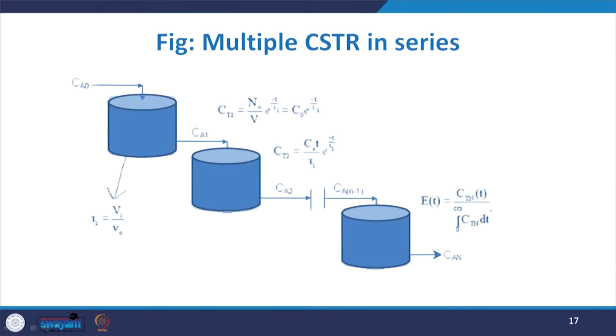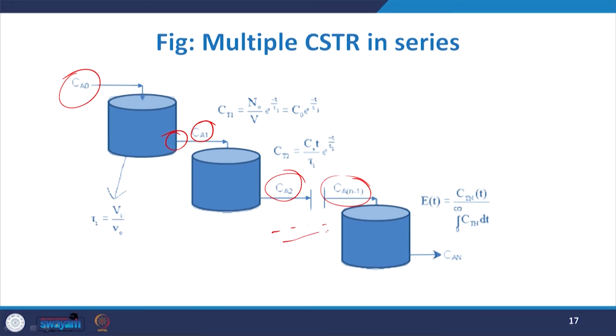Now you can see this is the multiple CSTR in series. Here you have the initial concentration of your reactant, then the output of this reactor is the input of the second reactor, and the output of the second reactor is the input of the subsequent reactor.